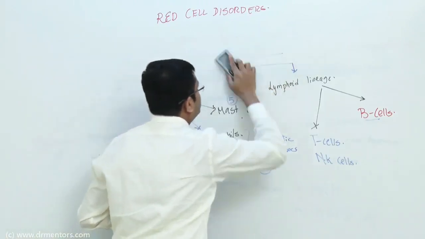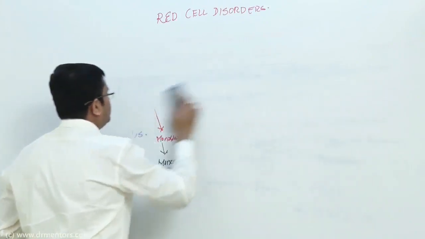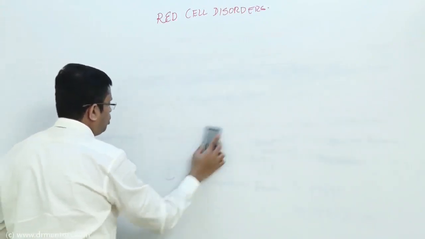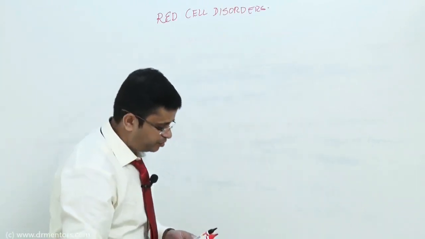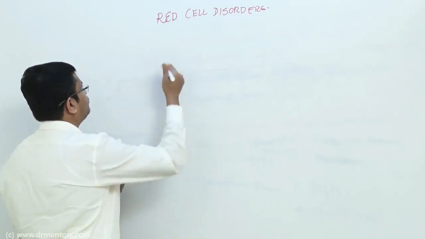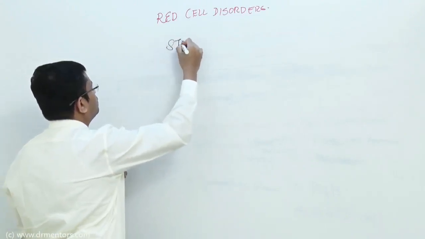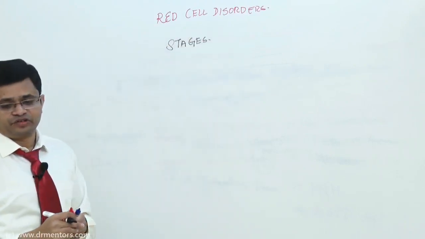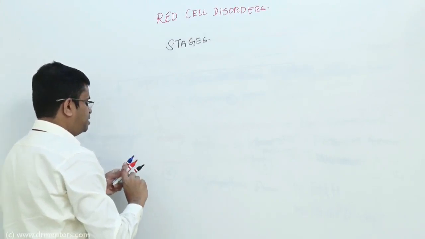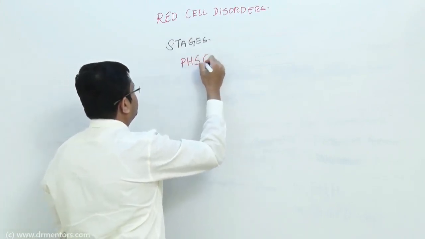Okay, so now we will focus on stages. That's very important. What are the stages of erythropoiesis? We can classify all the stages of erythropoiesis into subdivisions. It starts from your pluripotent hematopoietic stem cells.